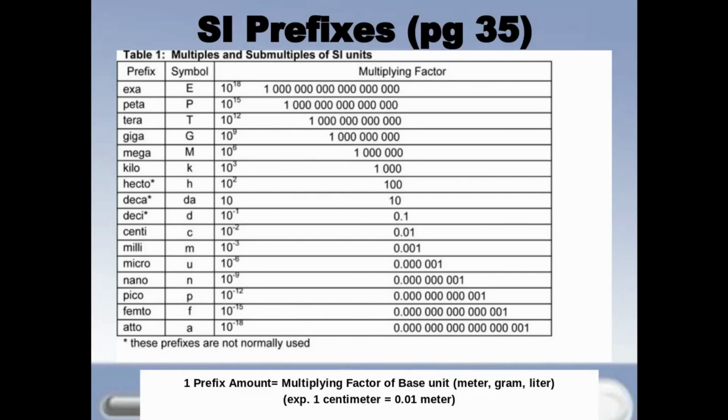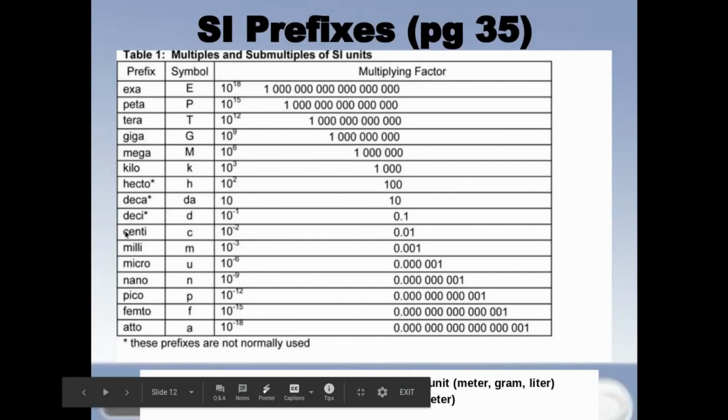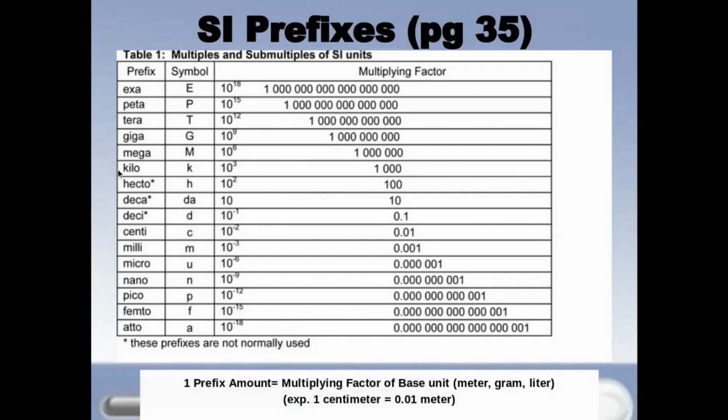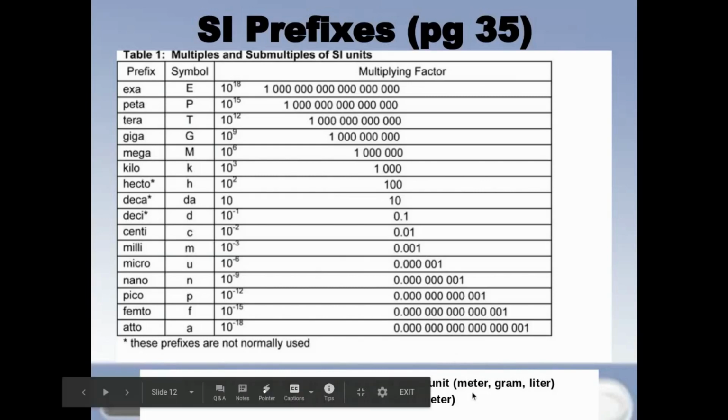In the metric system, those units of 10, some people might be familiar with a centimeter or a millimeter or a kilometer. Those are all prefixes put on that base amount. So a base amount might be a meter or a gram or a liter. And so any of these base units could be used with these prefixes.